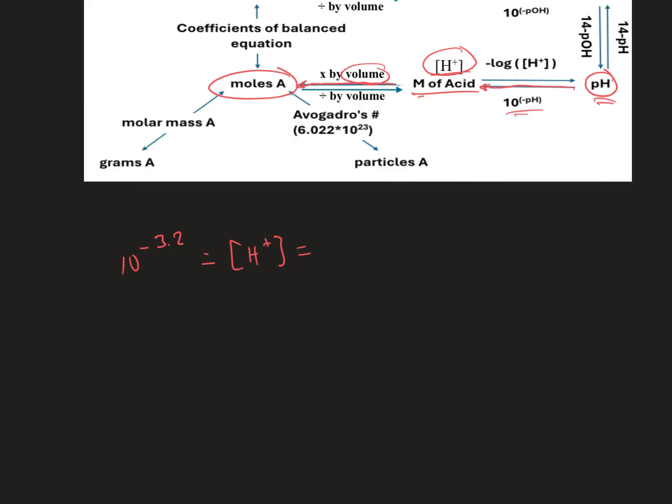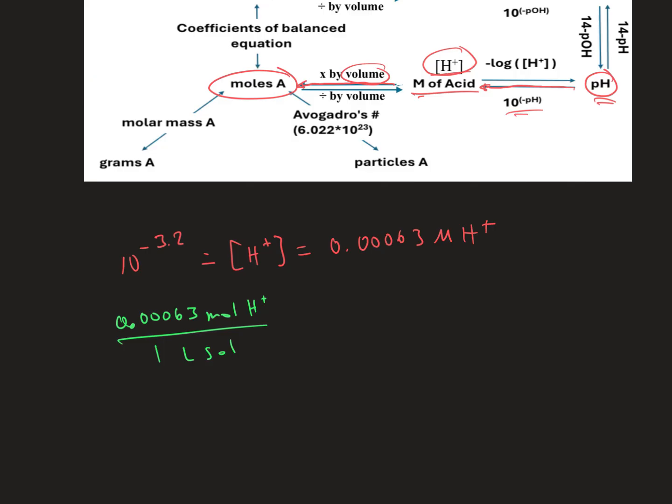So we do 10 to the negative 3.2, and we get 0.00063 molar concentration of H plus. And so I have my concentration, 3 zeros after the decimal. And that's moles of H plus to 1 liter of solution.